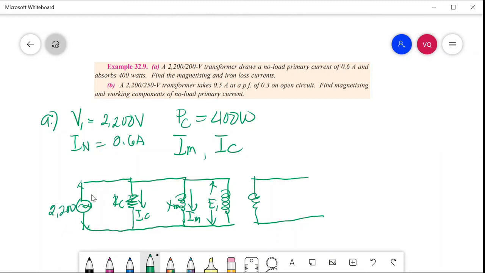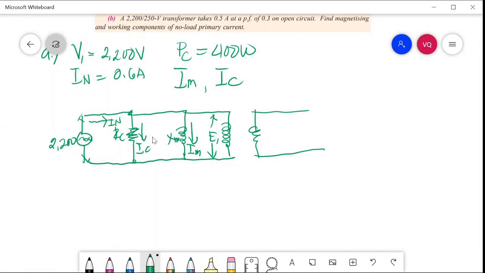From here, we have the no load current, IN. So, how do we solve for IC? The voltage across this RC is equal to our input voltage, 2,200. And the power in this branch is 400 watts. So from our formula, PC is equal to V1 times IC.